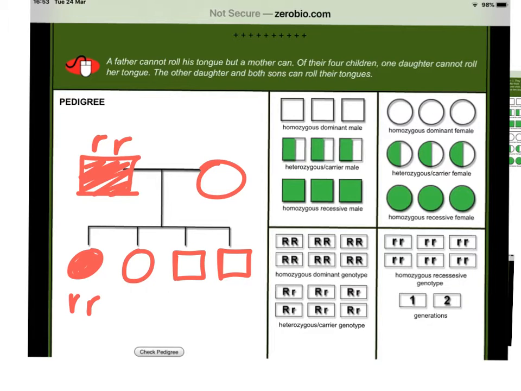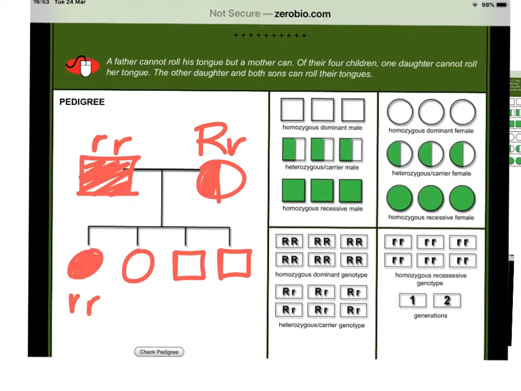Now, because this daughter here is homozygous recessive, we can immediately assume that the mother is then uppercase, lowercase. So she's a carrier for sure. Now, she can roll her tongue, and so we can assume that she's heterozygous because she has a daughter who cannot roll her tongue.